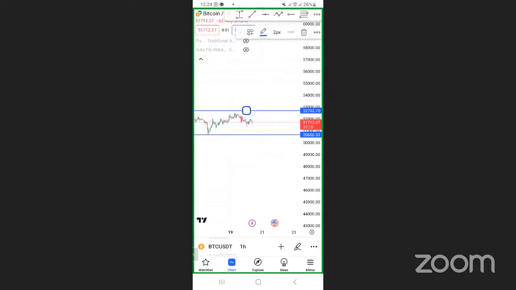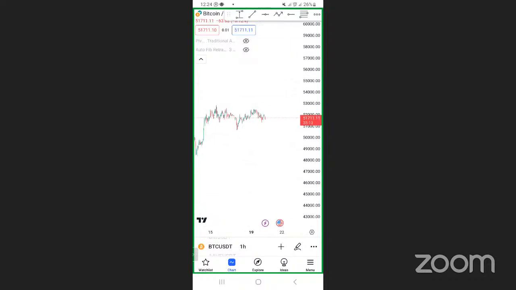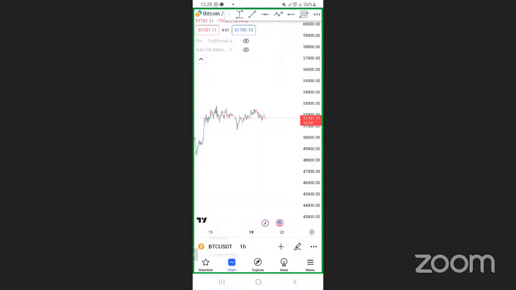Now, let me remove this. Now I want to introduce to you something interesting. Okay. Do you remember how to add an indicator on your chart? Yes. You click on the plus sign. Then you go to indicators.